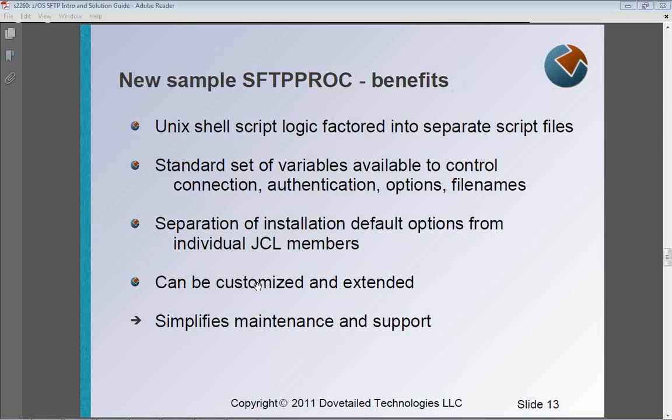We tried to be really clear and stick to real basic shell scripting stuff in the examples. If you look at them, you could take that and use it to learn shell scripting a little bit more, to extend that for your own site's specific needs. And the idea is that we hope this allows you to simplify the jobs and reduce maintenance problems by not having so much stuff in every job.